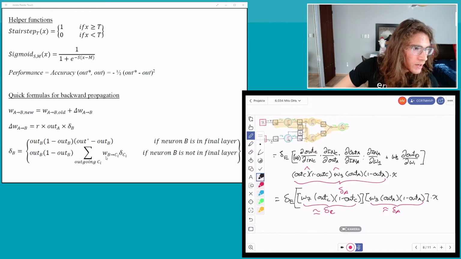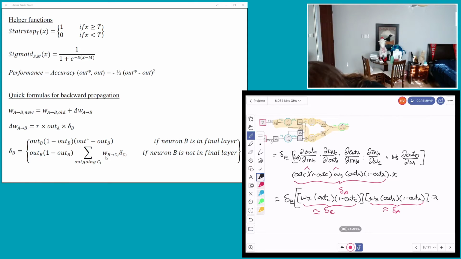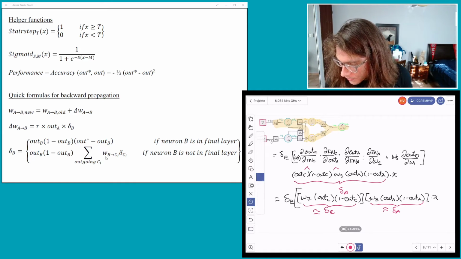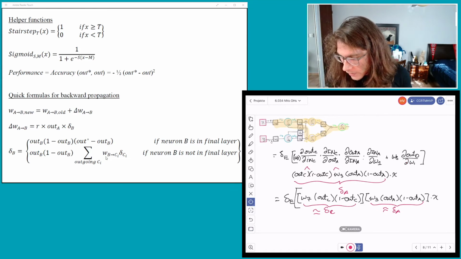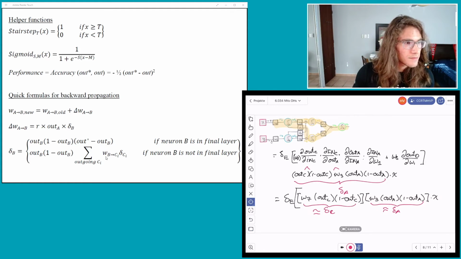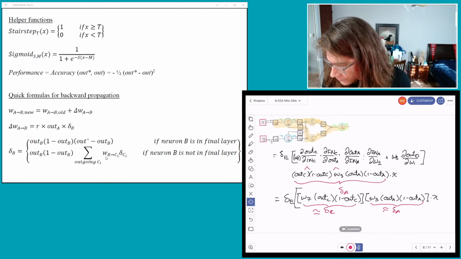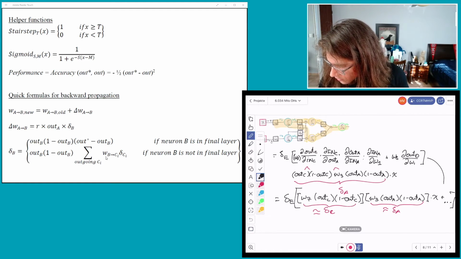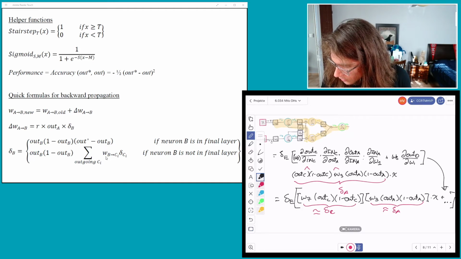When we were calculating in B earlier, so we still have to deal with this sum over here. Plus this sum.